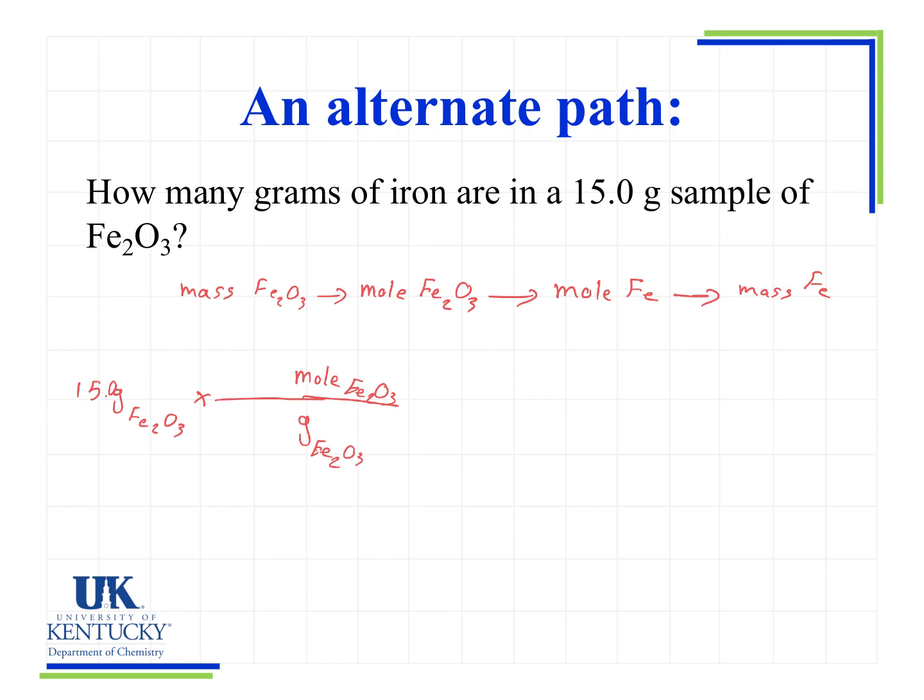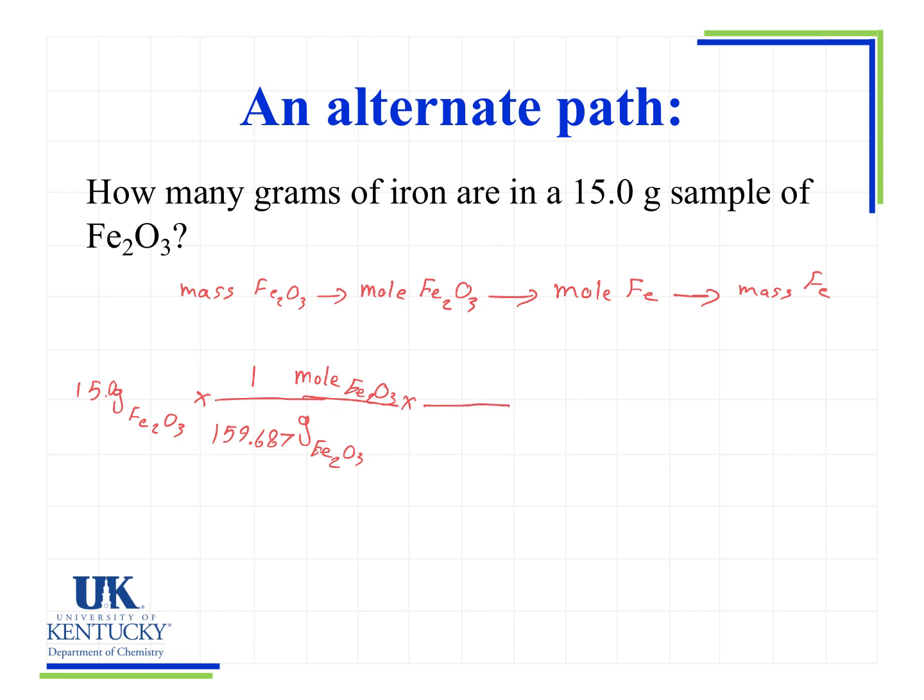And the molar mass of Fe2O3 is 159.8, and we just did it in the previous slide, so you can do it yourself. Okay, this gram of Fe2O3 is 1 mole.